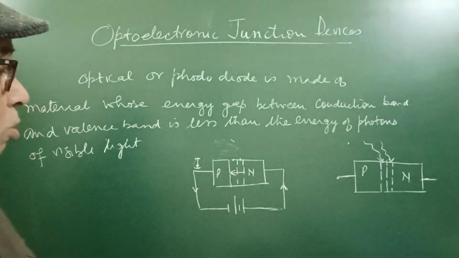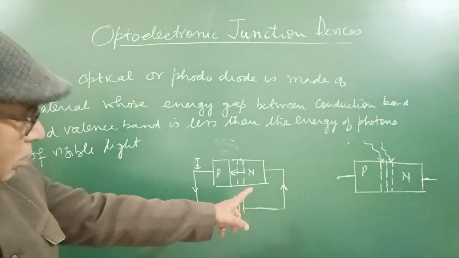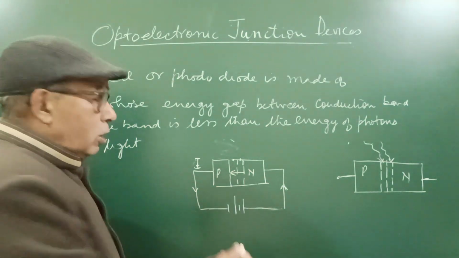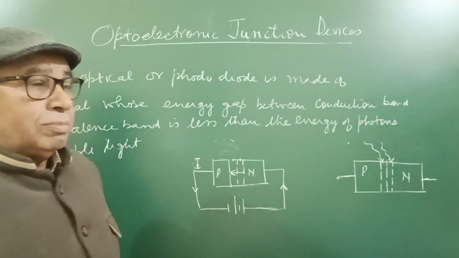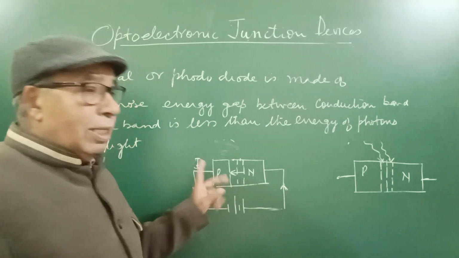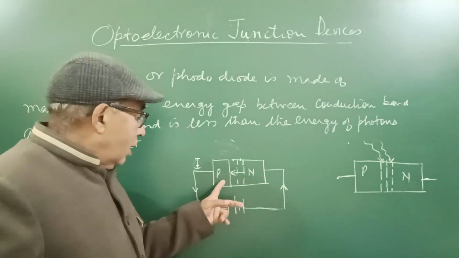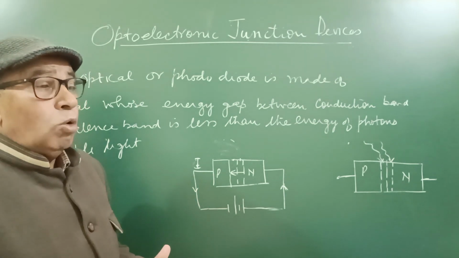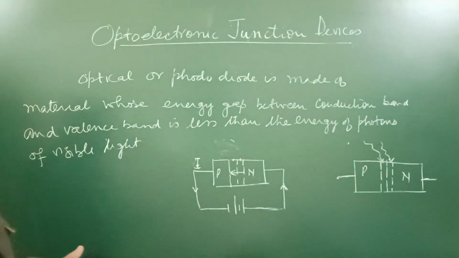I hope you remember, I have just now told that holes here are minority charge carriers. Holes and electrons are there as minority charge carriers because they are there due to intrinsic charge carrier density.